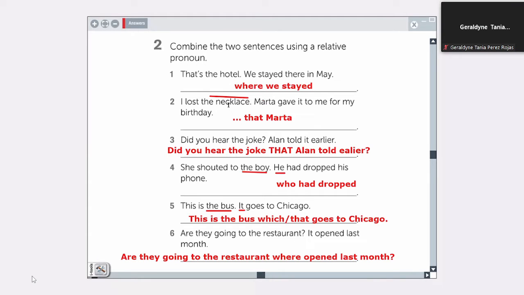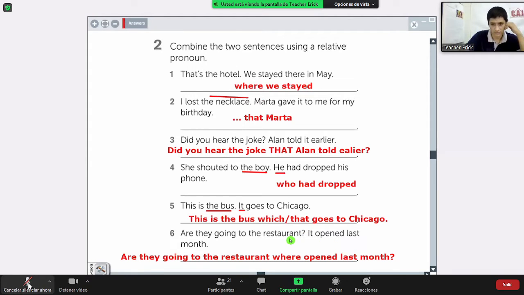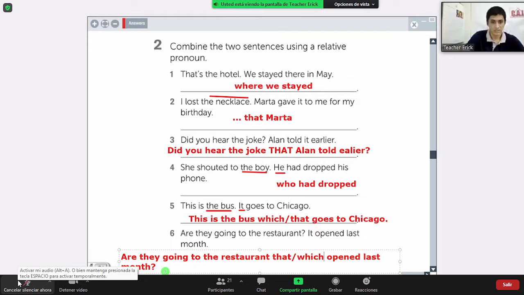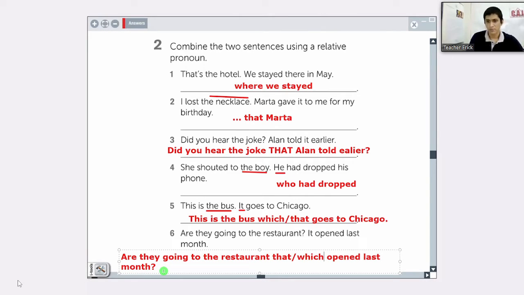No estamos diciendo que nosotros trabajamos ahí o que nosotros comemos donde nosotros comemos, donde no se dice donde abrió. En español decimos donde abrió. Entonces, that or which, right? Are they going to the restaurant that open or which open last month?